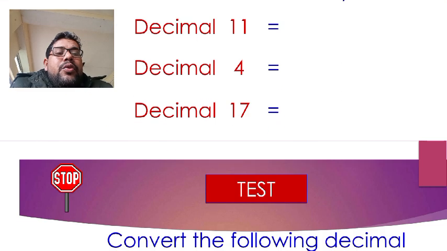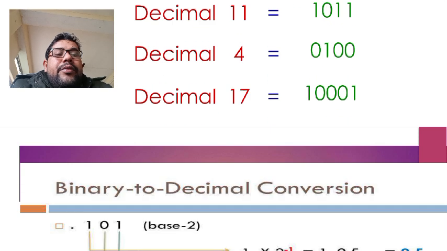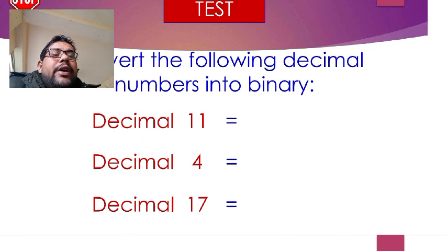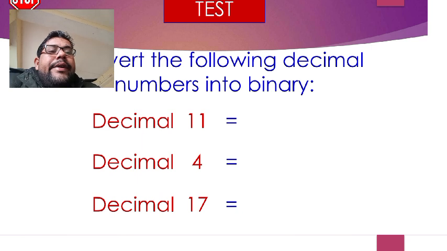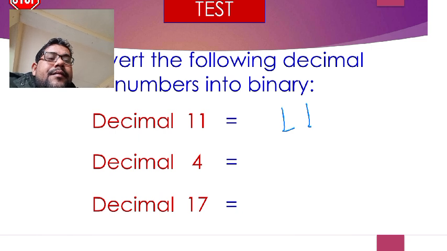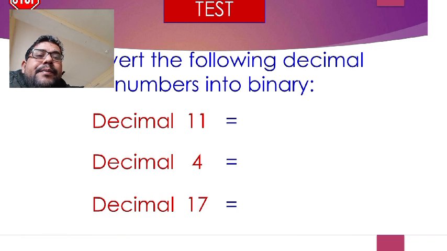How would you convert this number into binary? Let us see how to convert 11. This is the 11 we want to convert. First we will do one problem and the remaining we will do later.